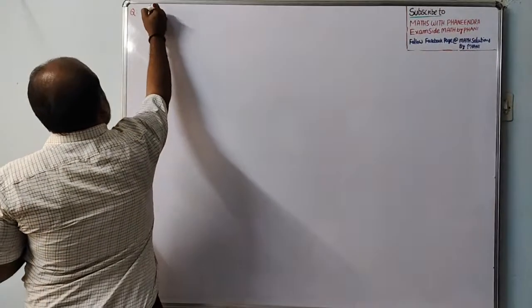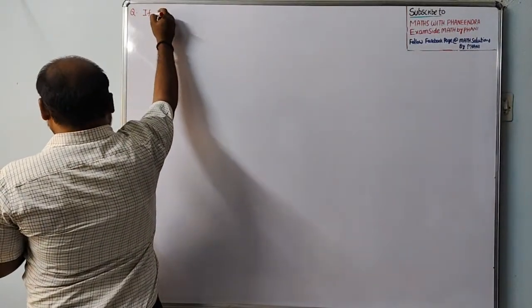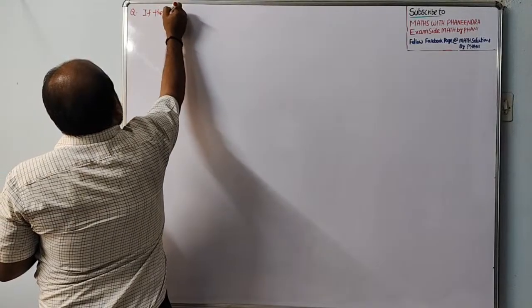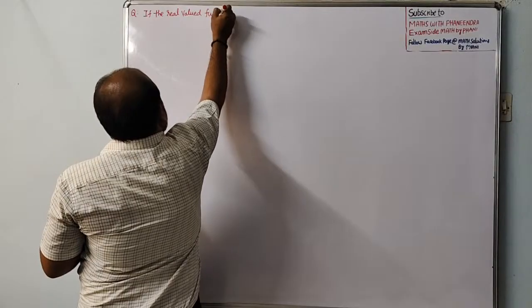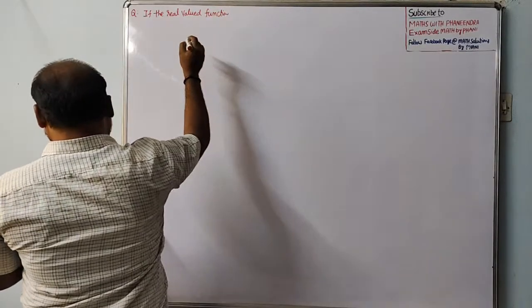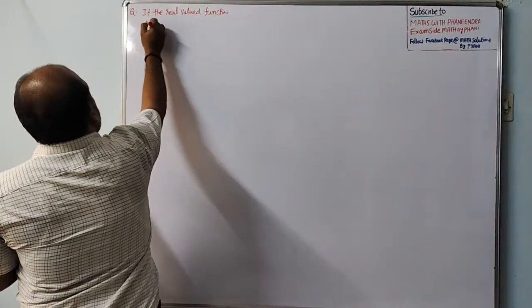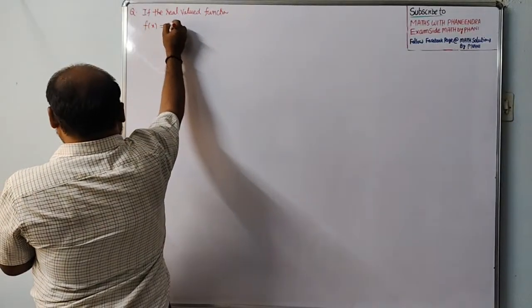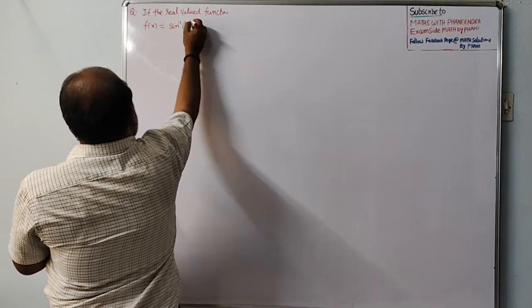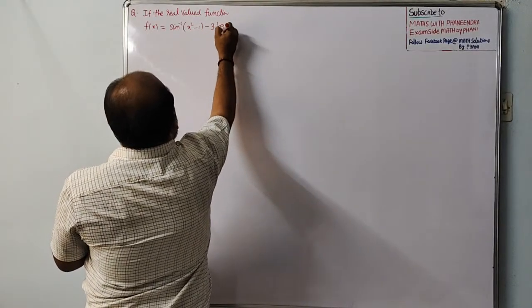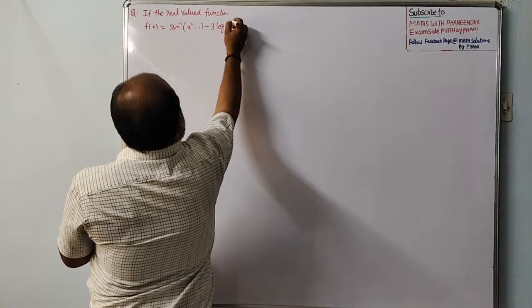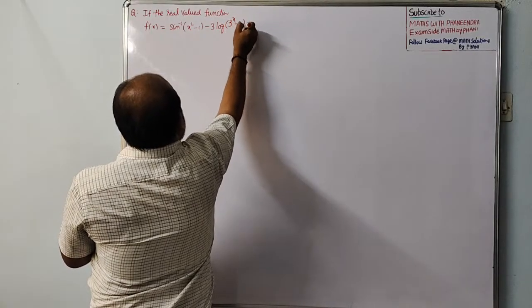The next question: if the real valued function f of x equal to sine inverse of x square minus 1 minus 3 times log to the base 3 of x minus 2.